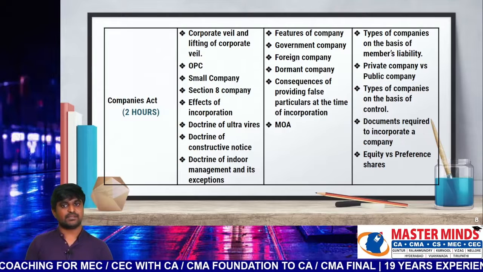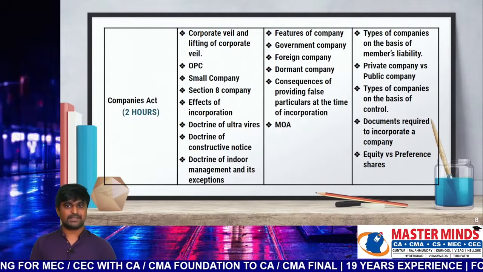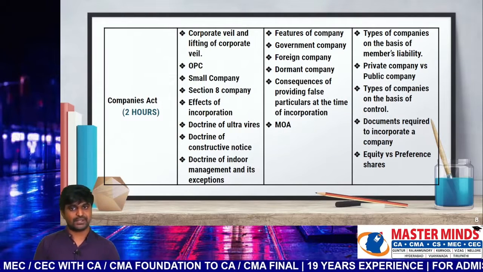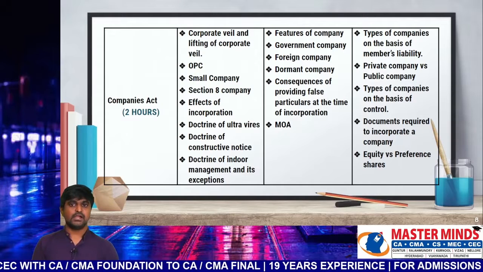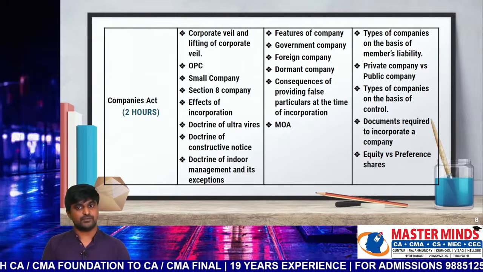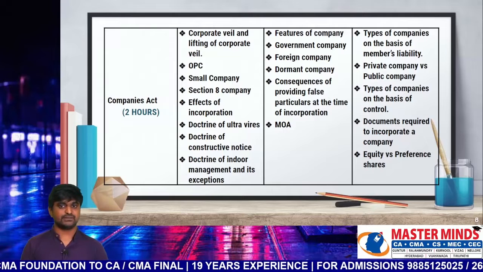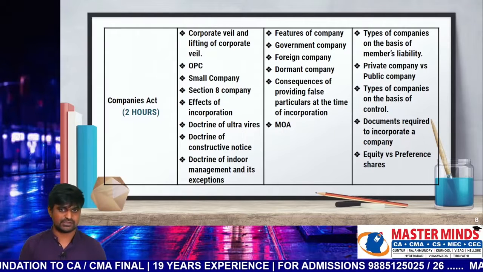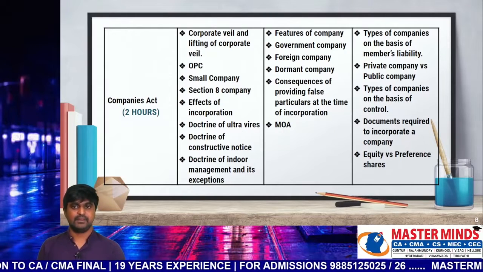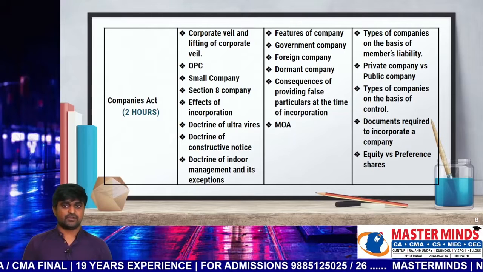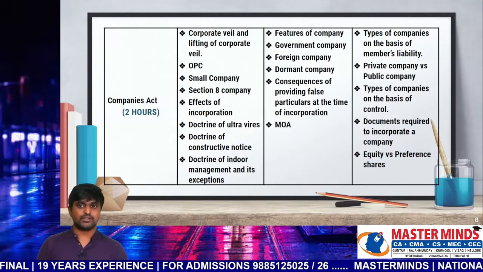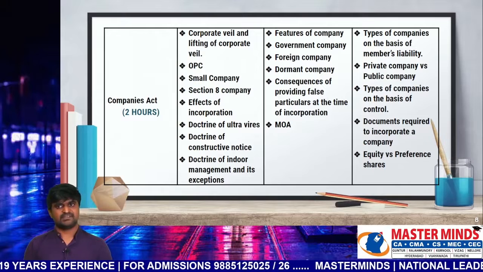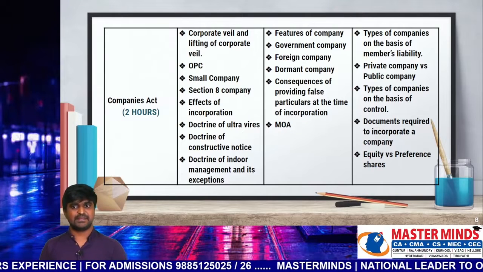Then second priority concepts: features of company, government company, foreign company, dormant company, consequences of providing false information at the time of incorporation, and memorandum of association, nothing but contents of MOA. Next, third priority concepts: types of companies on the basis of members' liability, that is company limited by shares, guarantee company, unlimited company, like that.